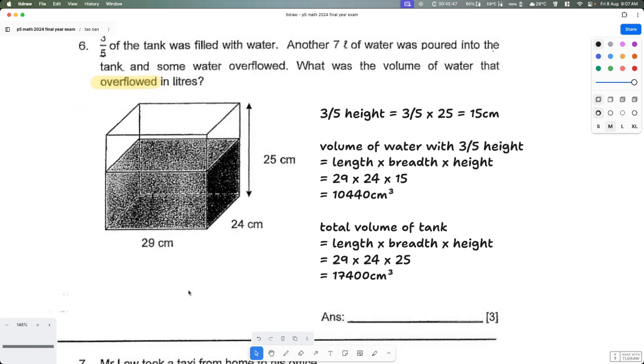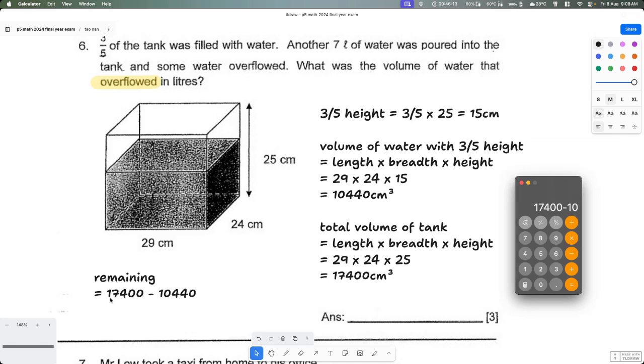So that means remaining is equal to 17,400 minus 10,440. Okay, so let's calculate that as well.